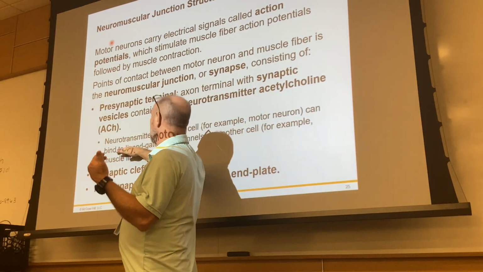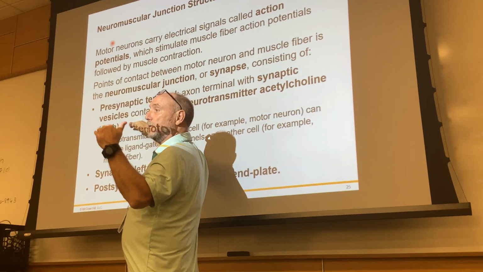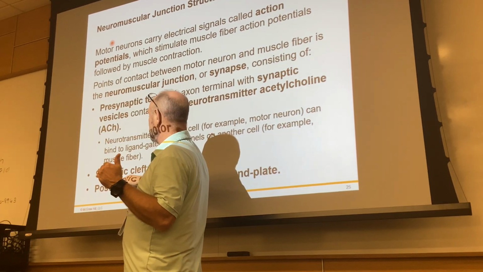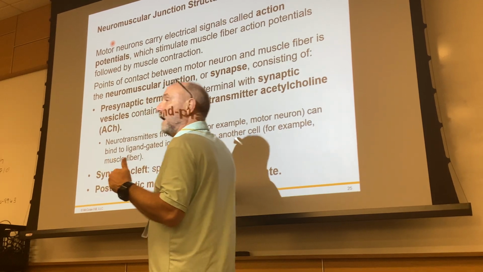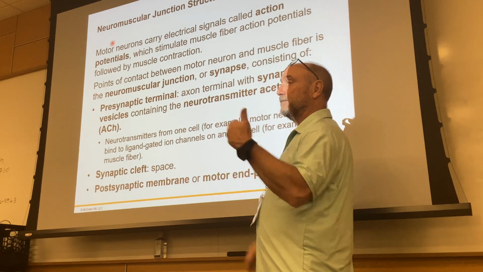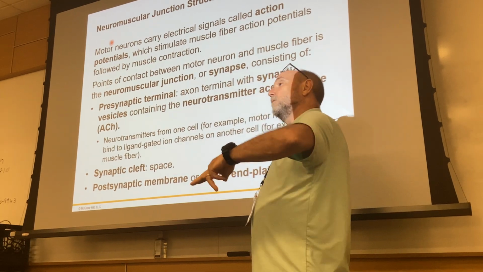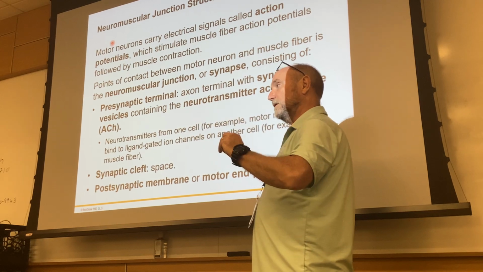Through diffusion, it's going to move from an area of high concentration in the presynaptic terminal, cross this space, and it goes to this postsynaptic membrane, and that postsynaptic membrane is also called the motor end plate. That postsynaptic membrane is at the level of the muscle fiber, or the myofiber, or the myocyte.